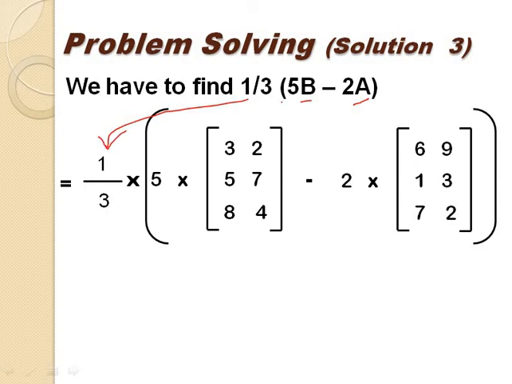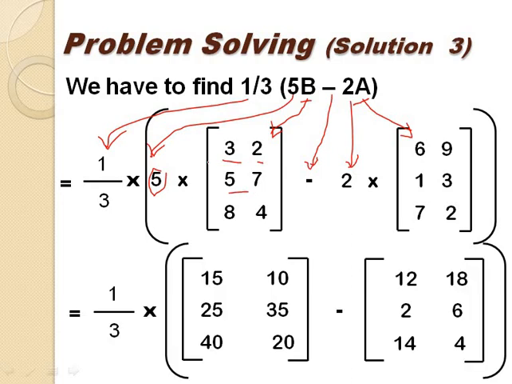So you can see 1 by 3, 5, and this is matrix B. This is the minus sign. This is 2. This is A. Now scalar multiplication, that means we will multiply this particular number with each and every term of this matrix.